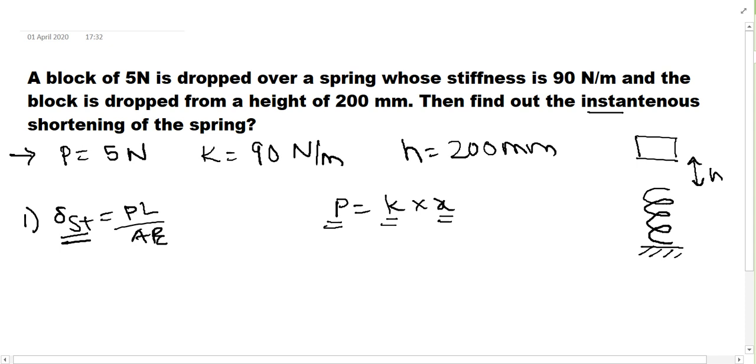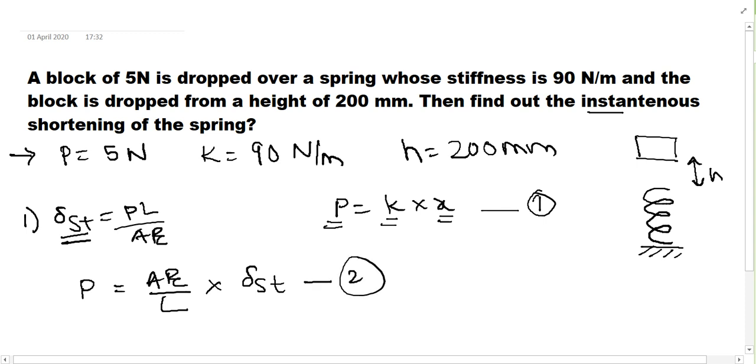So if we convert this formula, P is equal to AE by L into delta static. If we compare these two formulas, we see that this is the same formula.